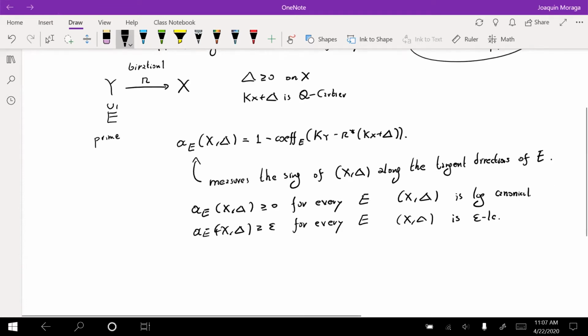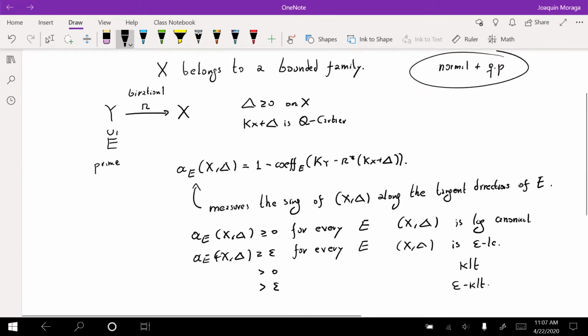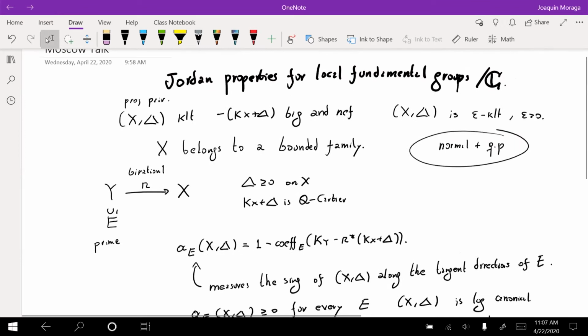If we replace the inequality by a strict inequality, we will say Kawamata log terminal or epsilon-klt. And then maybe I will explain what dlt and plt mean, but maybe let me not, I guess most people here are experts on this stuff, so let me not spend a lot of time on this.